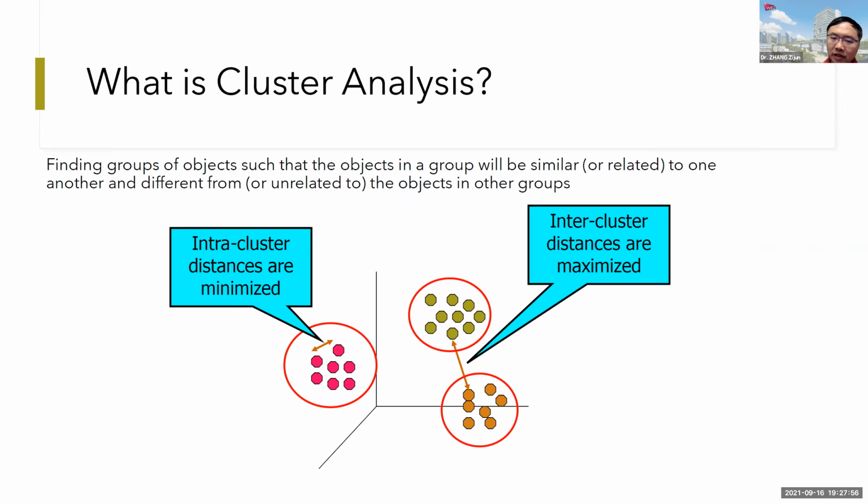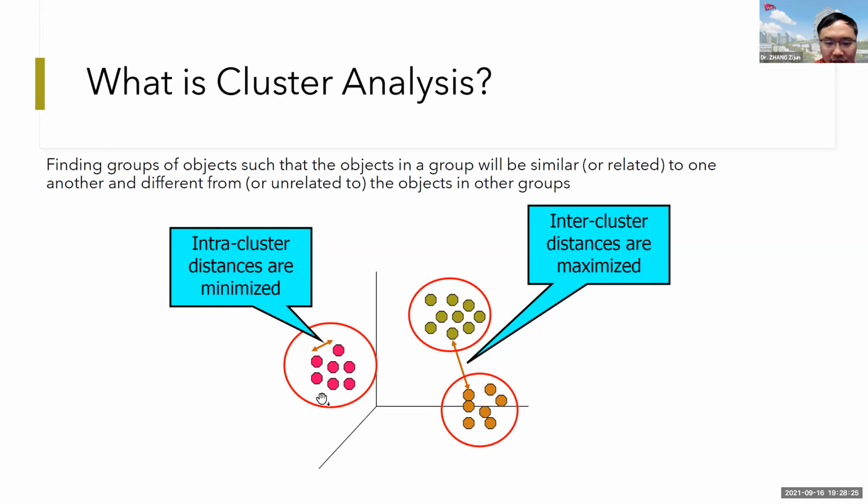Based on such a problem setting, there are two measures we want to consider in clustering analysis. The first measure is called intra-cluster distance, which we would like to minimize. What is intra-cluster distance? Assume that we have these three clusters, and the data points are distributed like this. They naturally show some cluster structure.